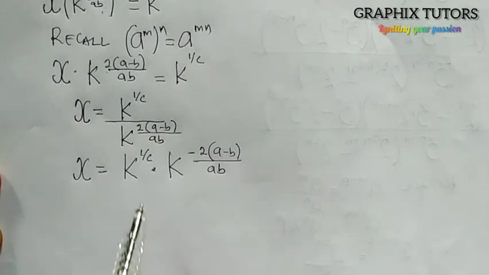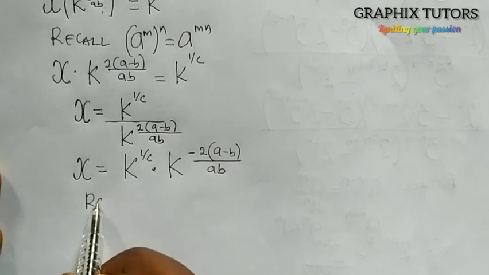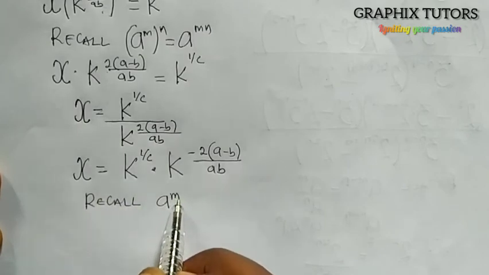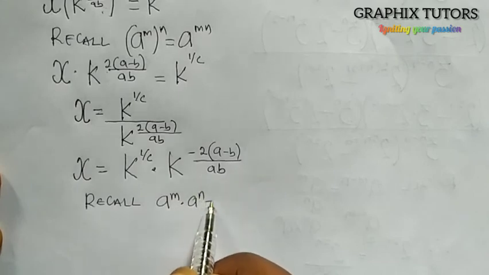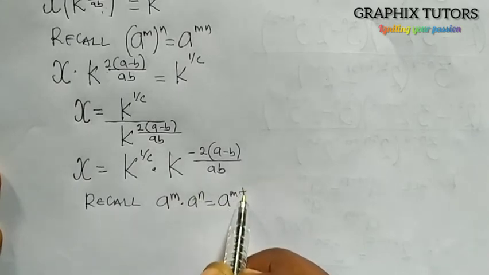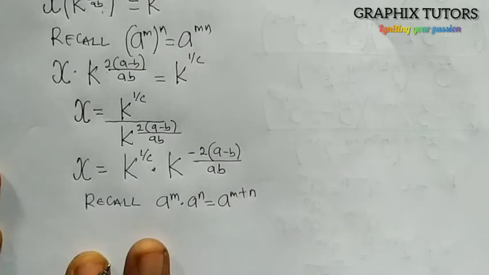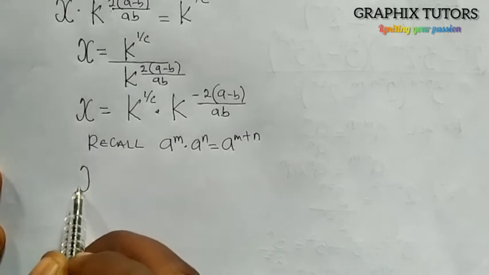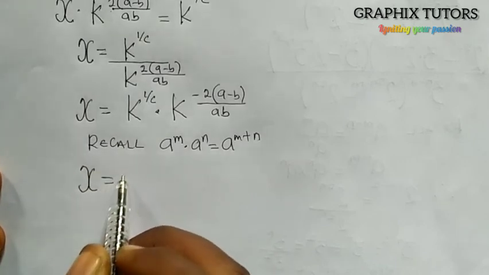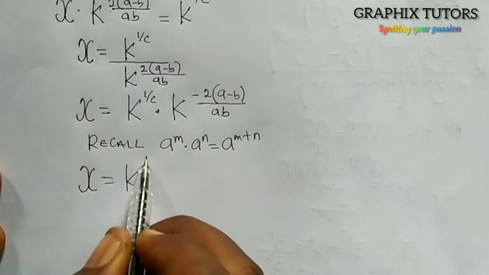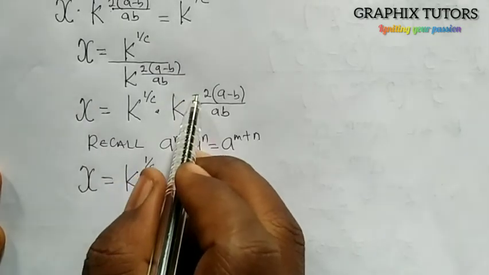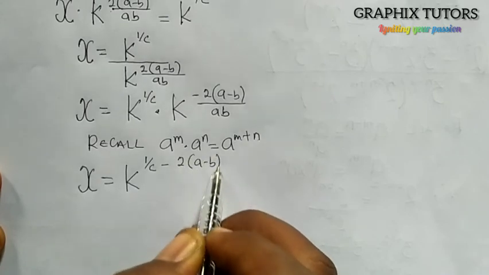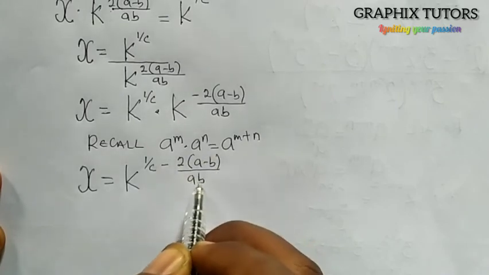Now recall, if I have a to the power of m multiplied by a to the power of n, it will give me a to the power of m plus n. So this will give me x equals k to the power of 1 over c plus, but because there's a minus, it will be minus 2 bracket a minus b all over ab.